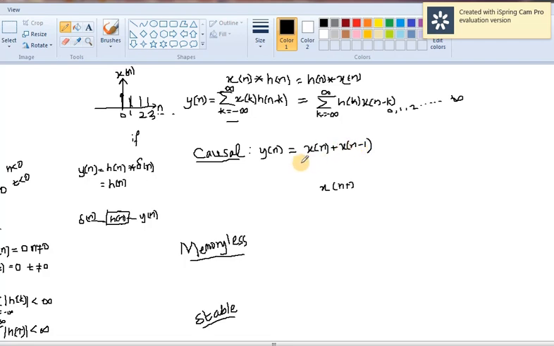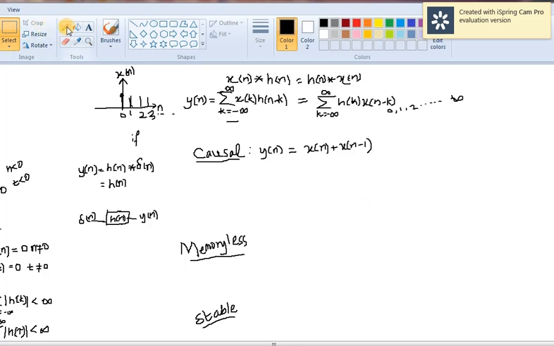If the output of the system starts depending on the future values of our input signal, just like x of n plus 1, then we can't say that it is a causal system. So to be a causal system, our output should not depend on the future values.